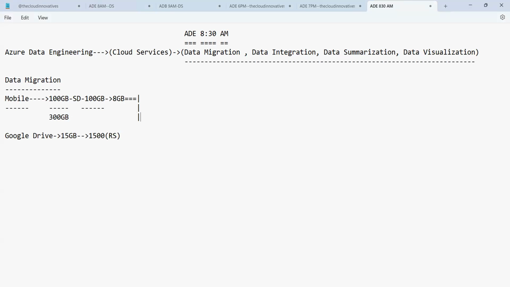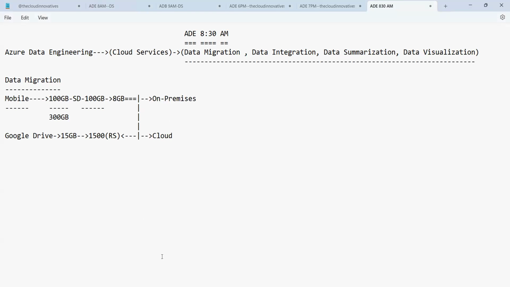Cloud storage, that is Google Drive. Here, Google Drive is called the cloud. And whatever mobile phone you have, this is called on-premises.